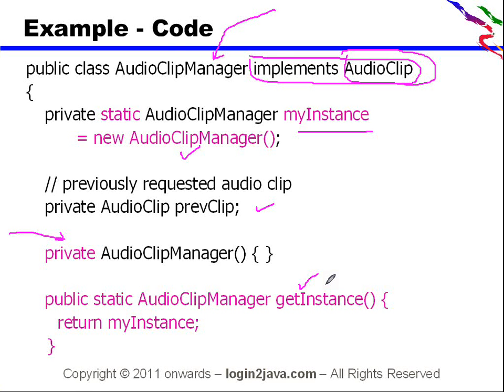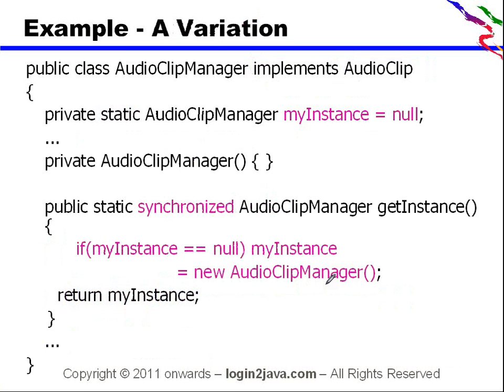Now see another variation. Just have a look for a few seconds and think how it is different from the previous one. We are not creating the object over here. We are assigning null to it.